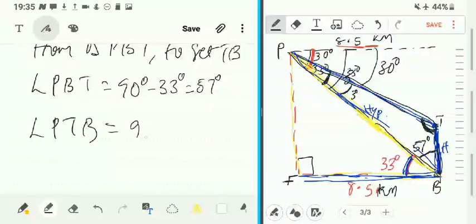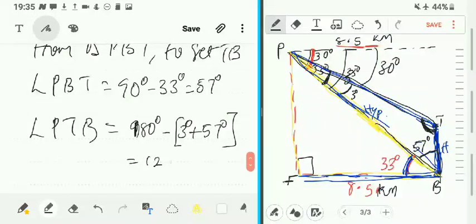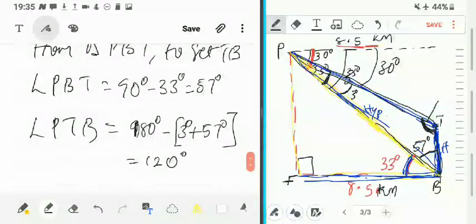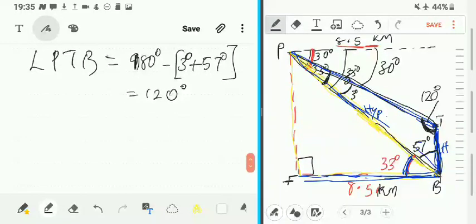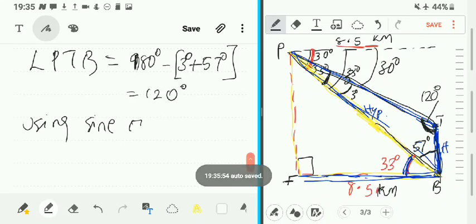Okay, PTB, that's 180 degree minus 3 degrees plus 57 degree, giving me 120 degrees. So this angle is 120 degree. Okay, so using the sine rule, the side we're looking for, that's TB, should be in the formula.